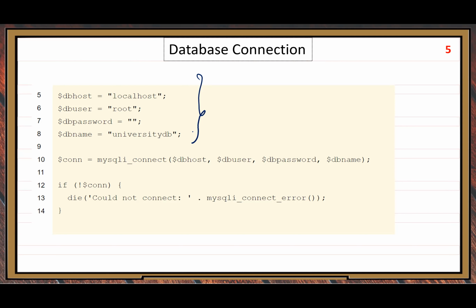The host, where you run your database server, the host name, localhost. For MySQL, the default username and password you do not need to specify: the default username is root, and the password is nothing, a double-quoted empty string.